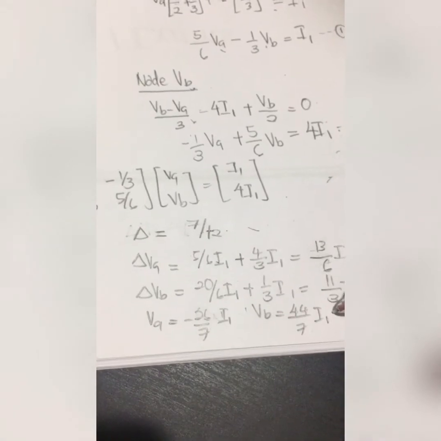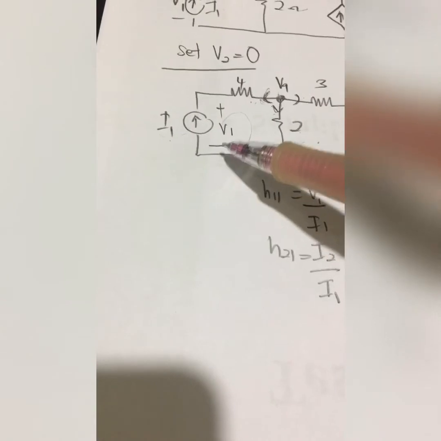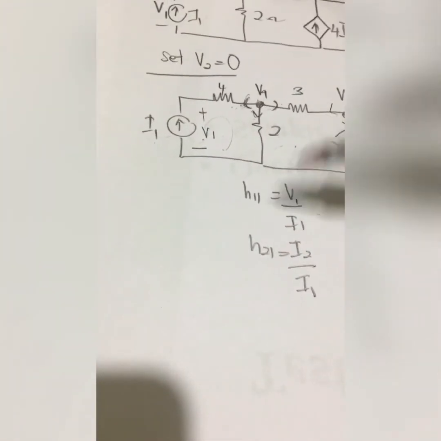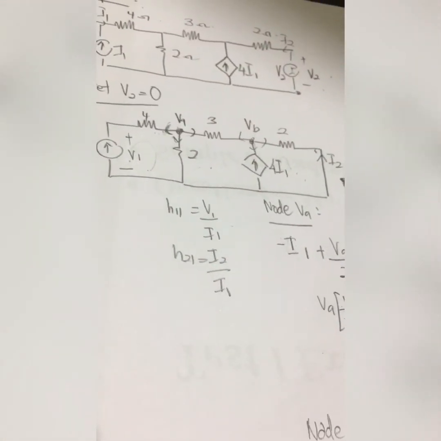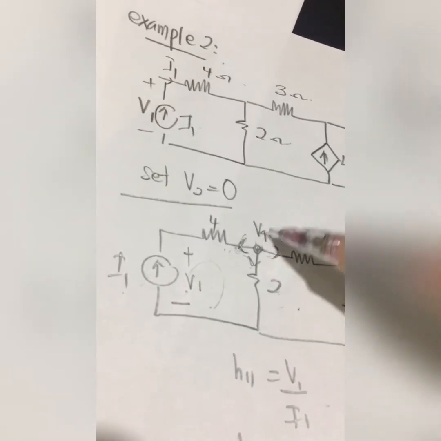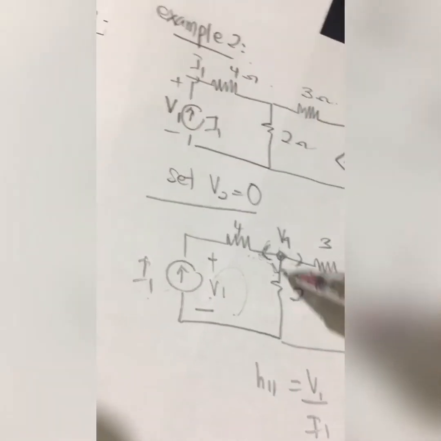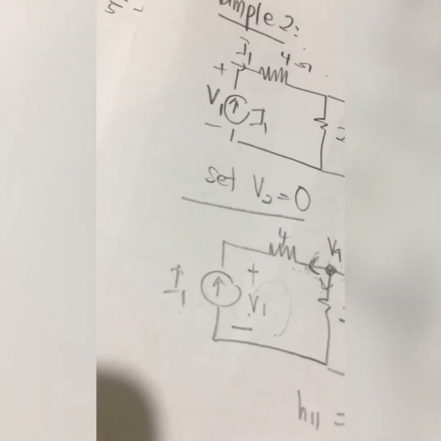Basically we need to calculate V1 here, and also I2 here, so we need both VA and VB. Since we already calculated VA here, we can automatically remove this part and include the source VA here.